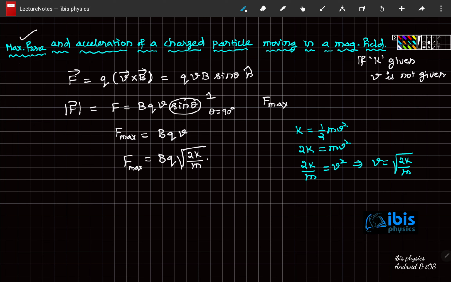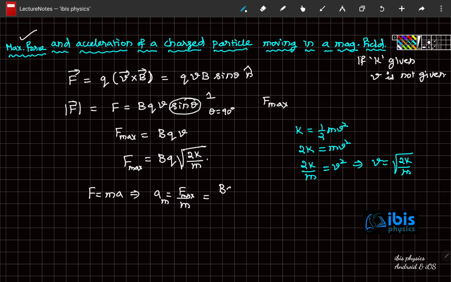And what about the maximum acceleration? We know that F equals m a, which means a equals F by m, force by mass. So maximum acceleration is maximum force by mass.